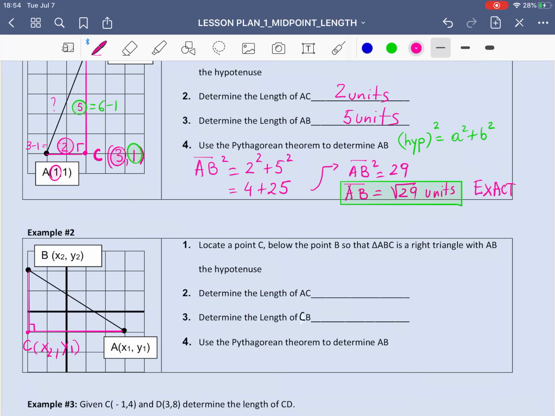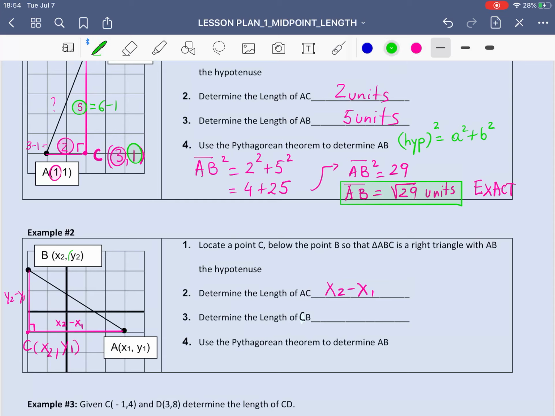So we're going to say that the length of AC is x2 minus x1. And similarly, for the length of BC, that is y2 minus y1. Okay, it's a change in the y coordinates.